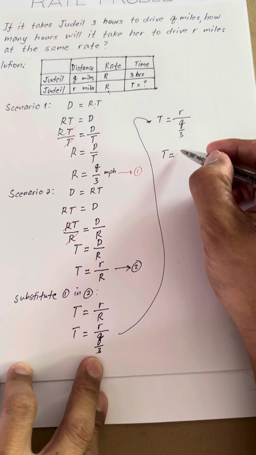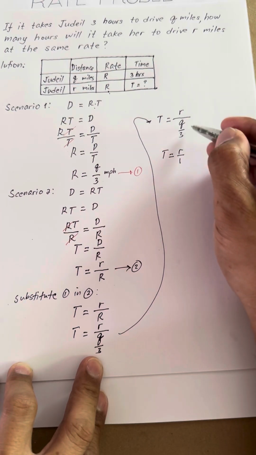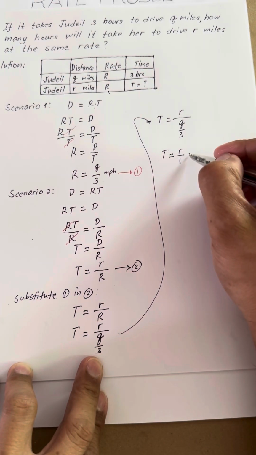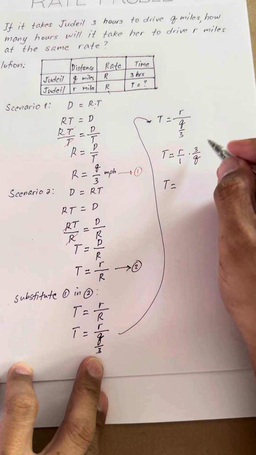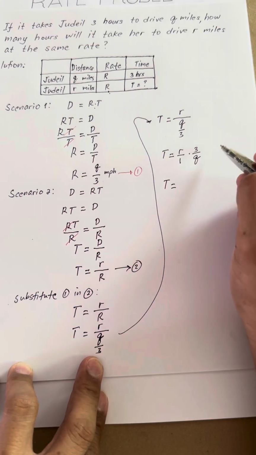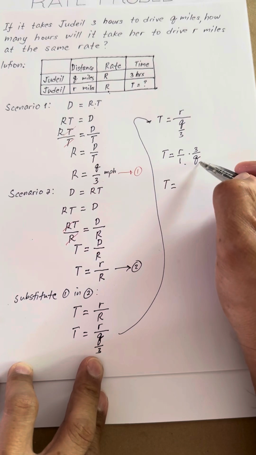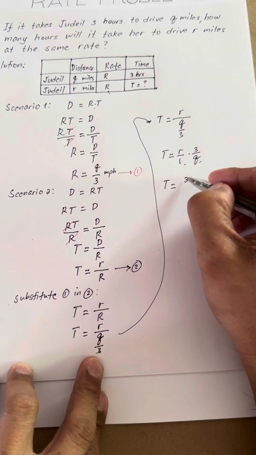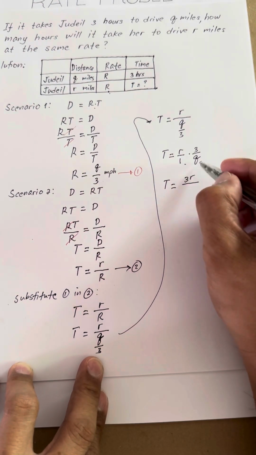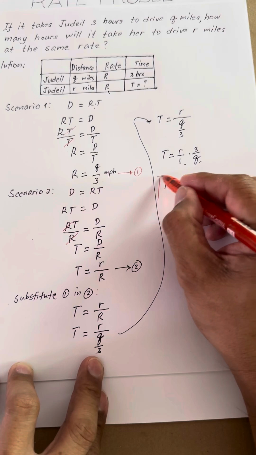So our numerator R can be written as R divided by 1. Then invert the divisor. Then proceed to multiplication. So 3 over Q. Alright, so T is equal to, so the rule in multiplication of fractions, we have to multiply the numerators, multiply the denominators. So R times 3 is equal to 3R. Then 1 times Q is equal to Q.